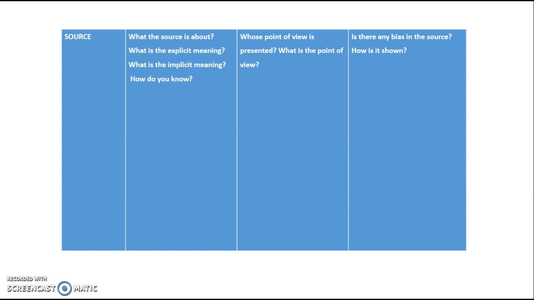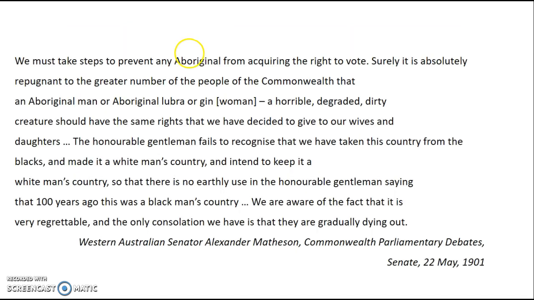There's also the implicit meaning that the dying out of the Indigenous population of Australia is a good thing because they weren't worth anything anyway, and this should be a white country. How do we know? Have a look back at some of the words that were used here to describe people.